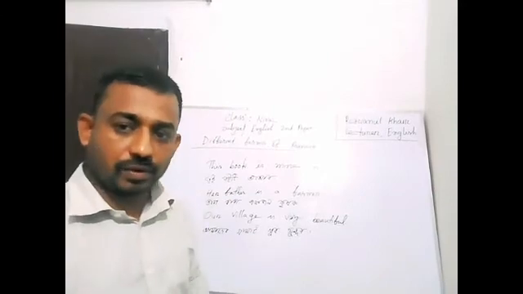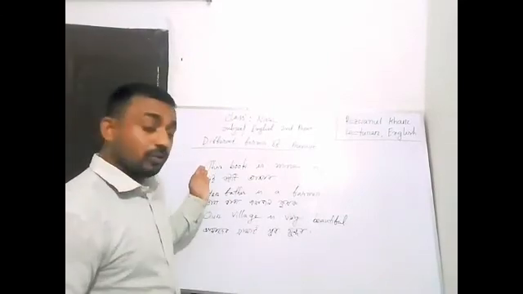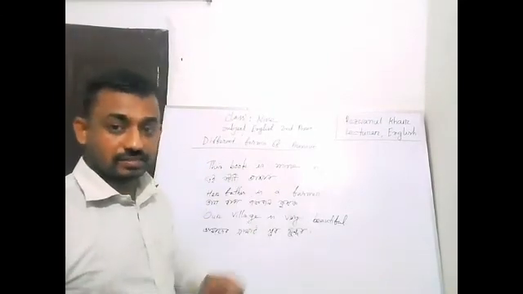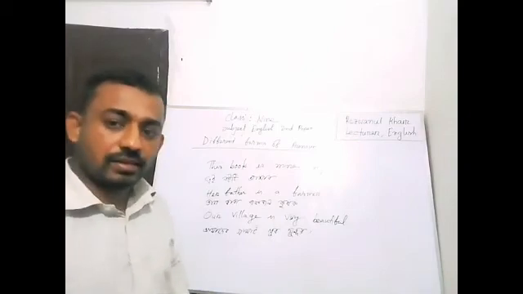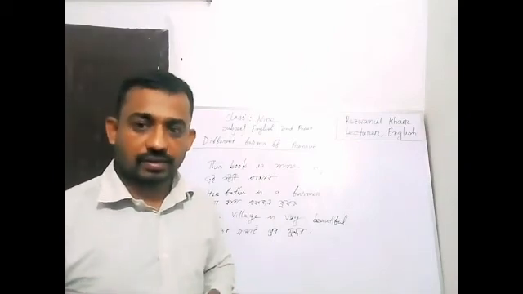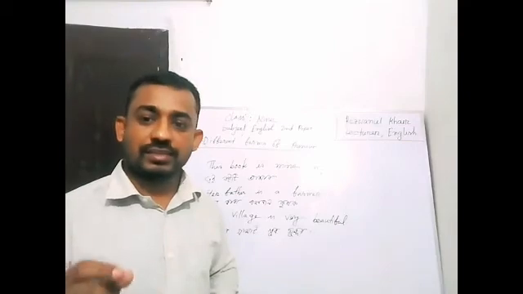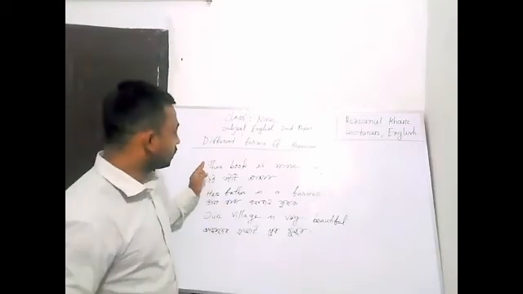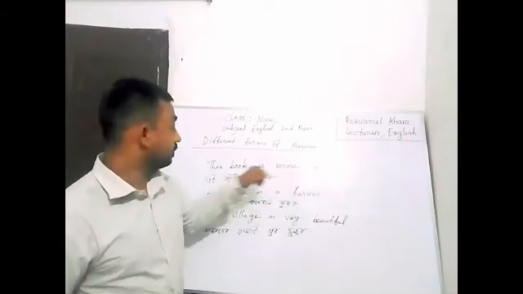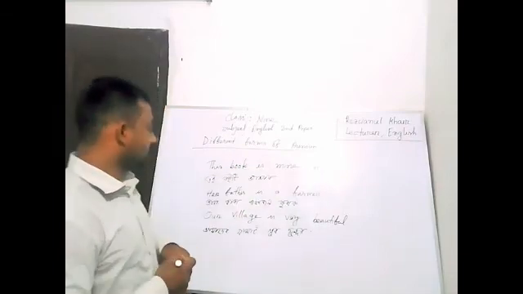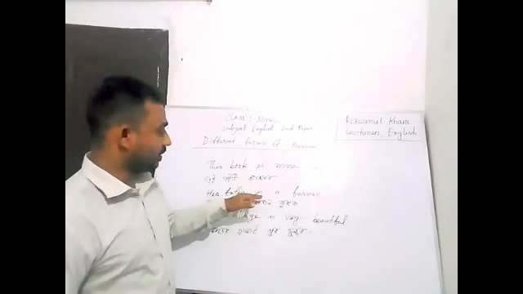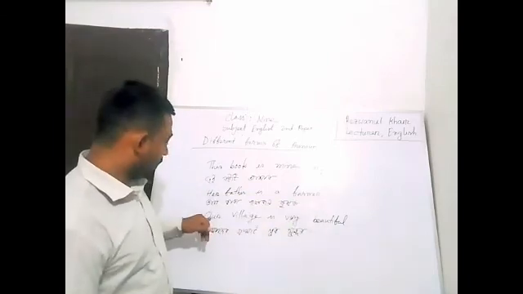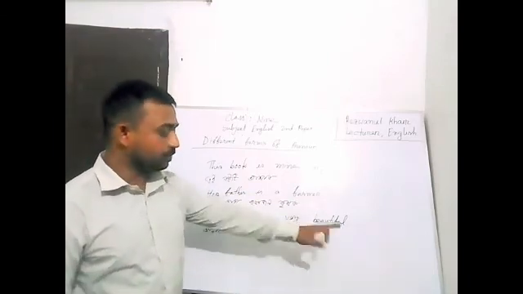Dear learners and viewers, now look at the sentences very carefully, then you will be able to understand how a pronoun is used as a possessive form. This book is mine, and her father is a farmer, and our village is very beautiful.